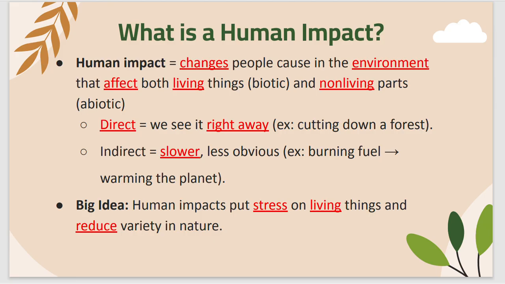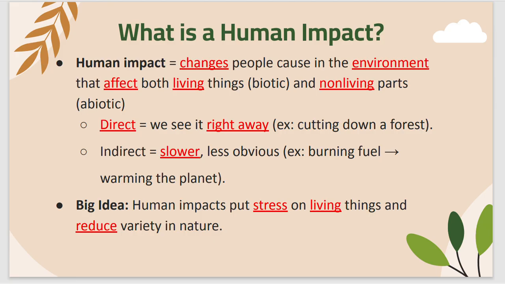It's taken over 100 years, but with all that time, the carbon has severely accumulated in our atmosphere, and now we're starting to see those consequences. And those are indirect human impacts, still hurting the planet, but they take longer to see the consequences.